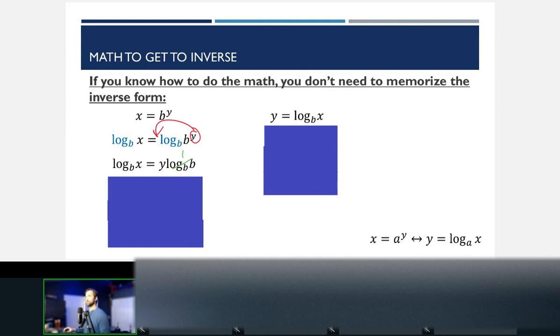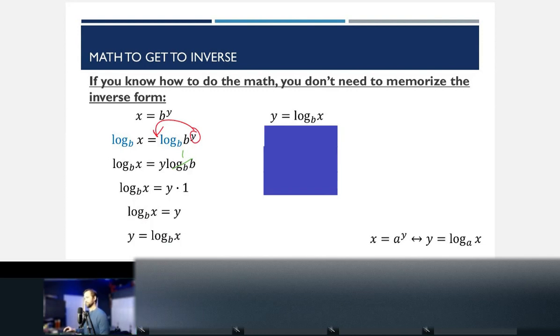And 1 times y is just y. And then we're done. That's it. And we just rewrite it with y on the left side. So y equals log base b of x. How neat is that? And then we got right from this to this without memorizing a conversion formula.